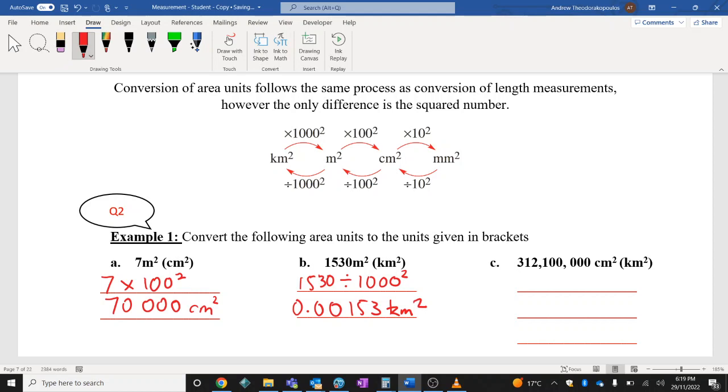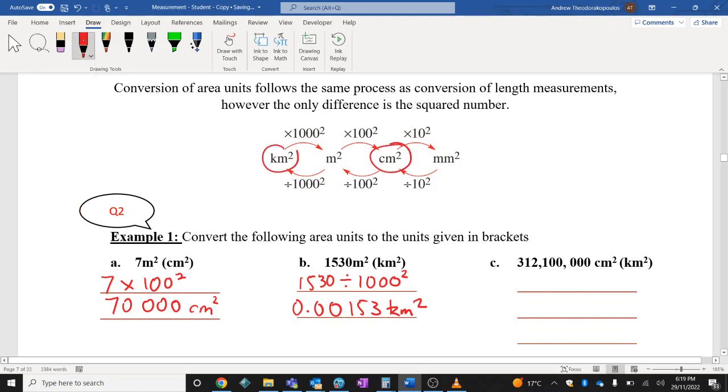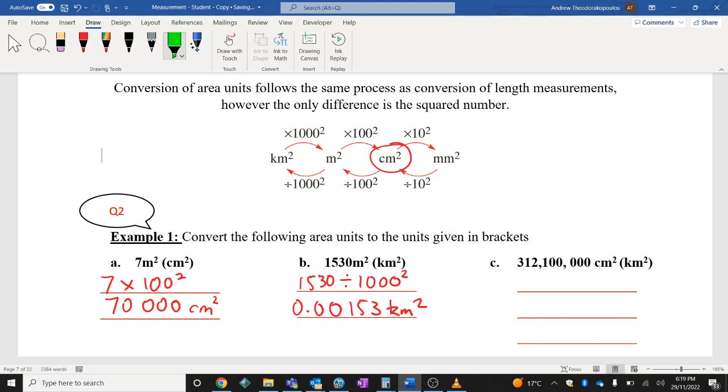And finally, we're going from centimeters squared to kilometers squared. Just like we did in the very first lesson, we just need to do this twice. We need to first go from centimeters to meters, and then we can go to kilometers squared.